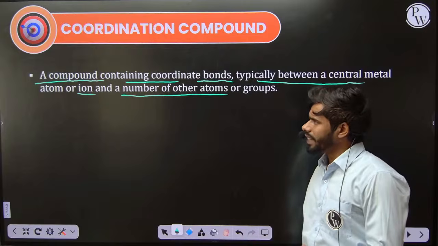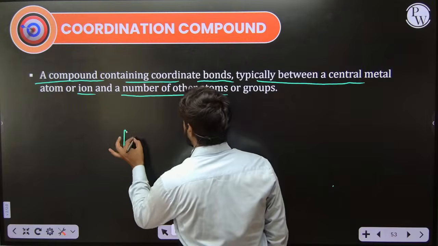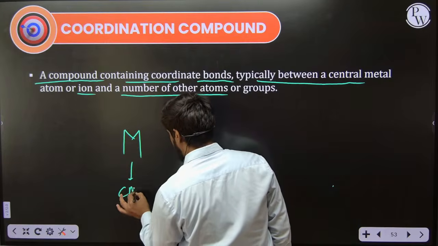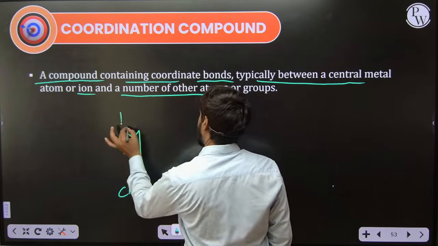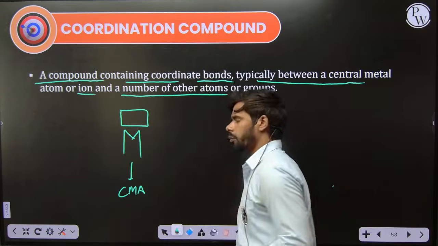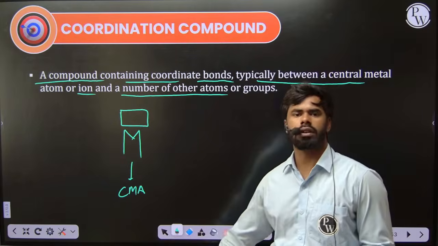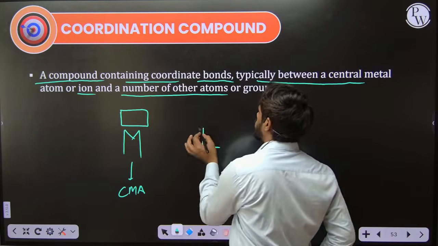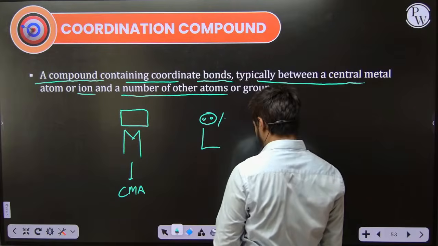So we can say coordination compounds are basically formed by one central metal atom, which has a vacant orbital, since metals of the d block have vacant orbitals. And some species have a lone pair.